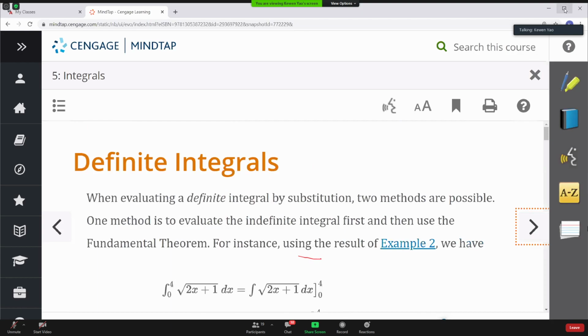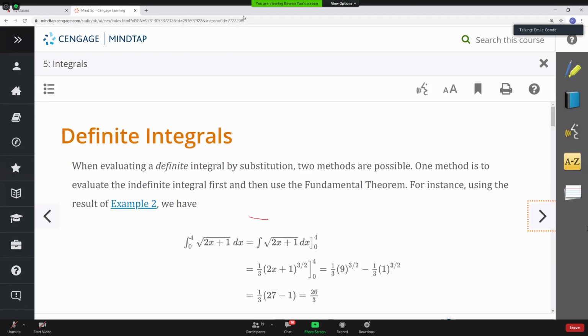We have done the indefinite case, but for the definite, the ideas are very similar to each other, right? So let's take a look at the definite case.